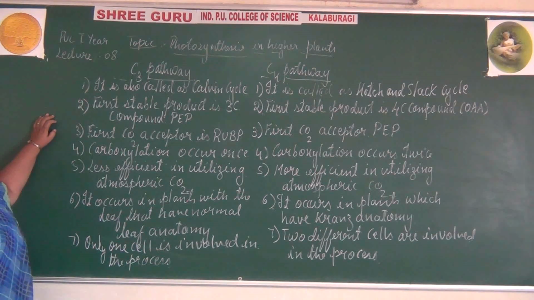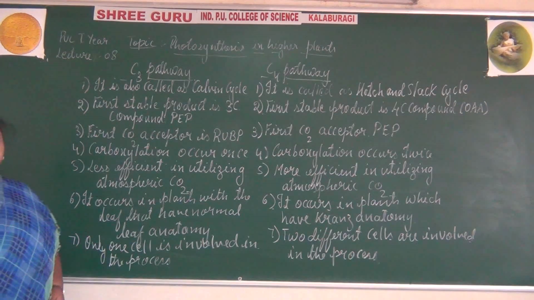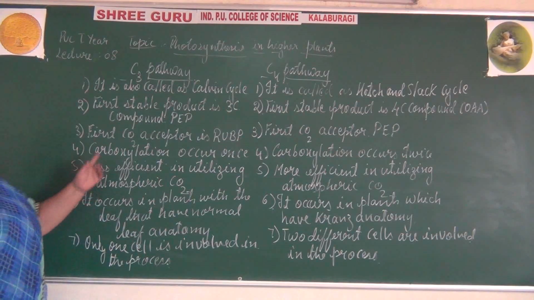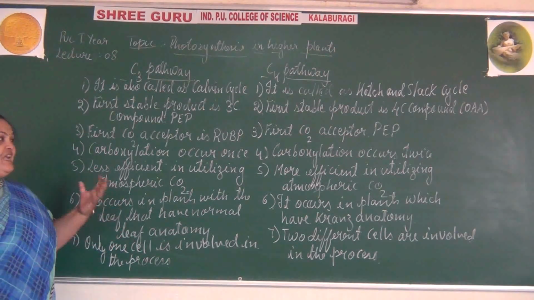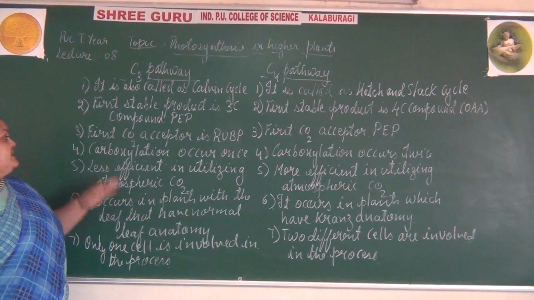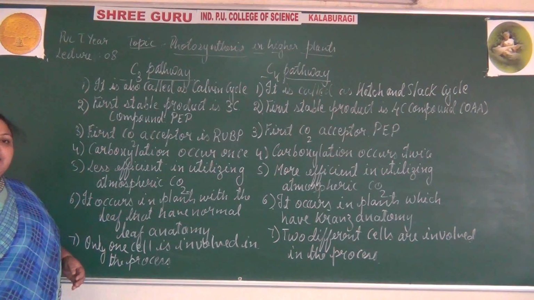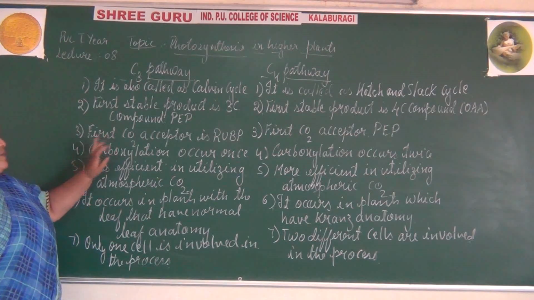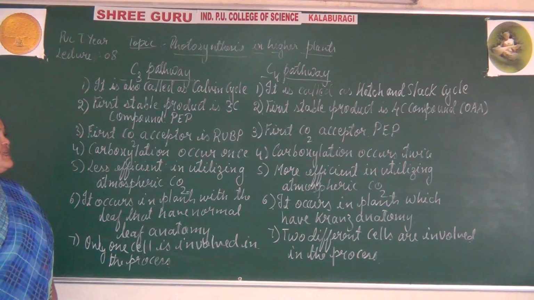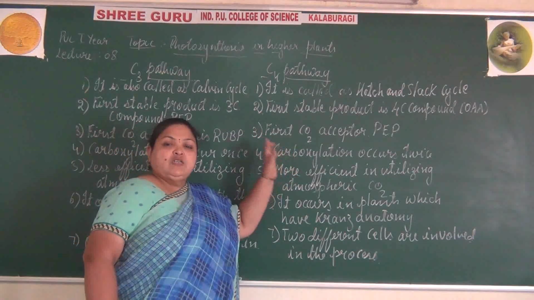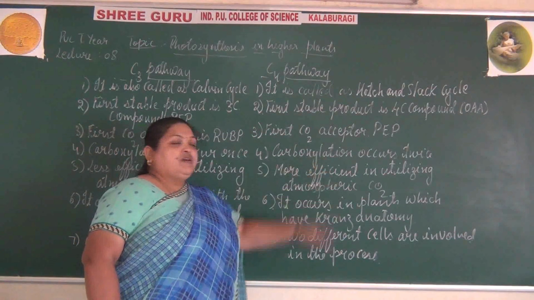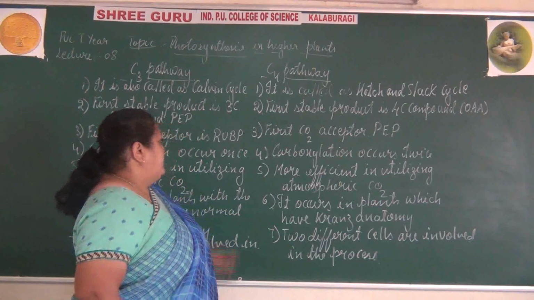The first stable product formed in the C4 pathway is a 4-carbon compound, oxaloacetic acid. The first carbon dioxide acceptor, which helps in fixation of carbon dioxide, is RuBP in C3, while in the C4 pathway it is phosphoenol pyruvate.